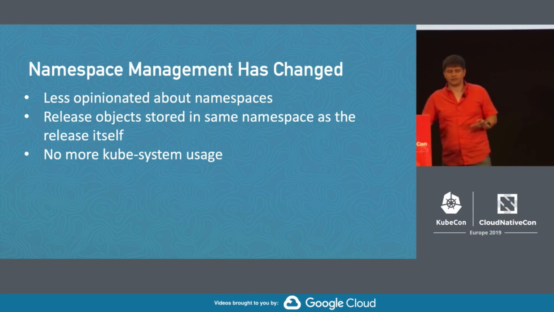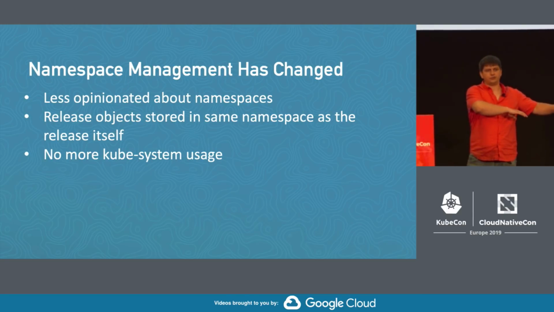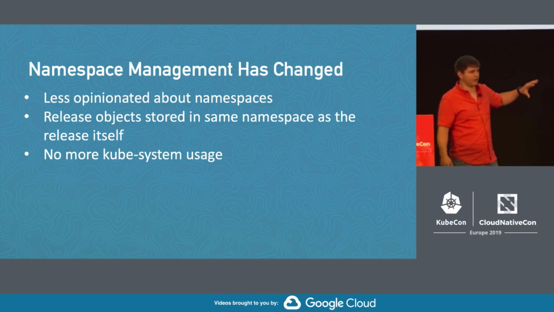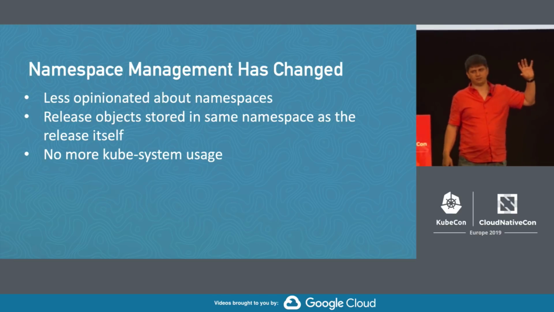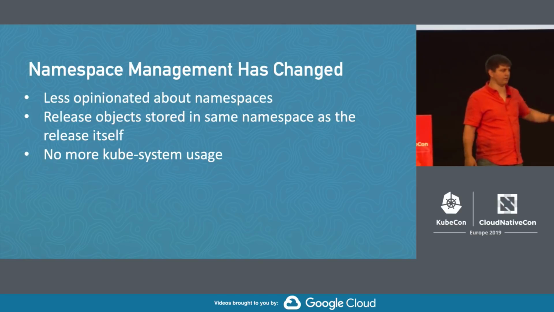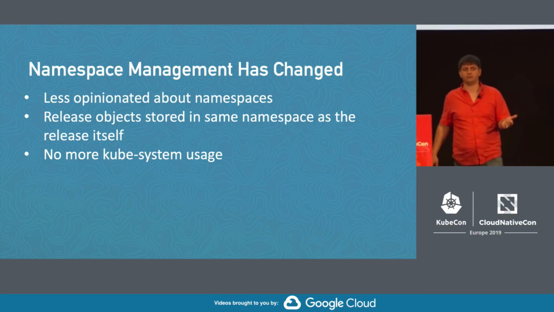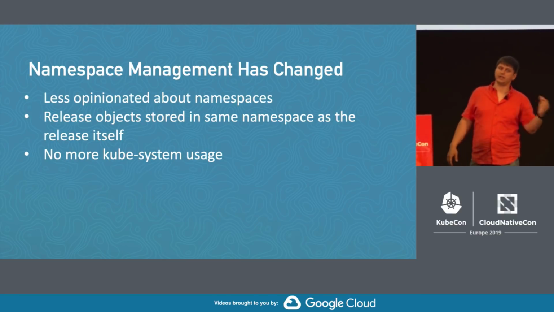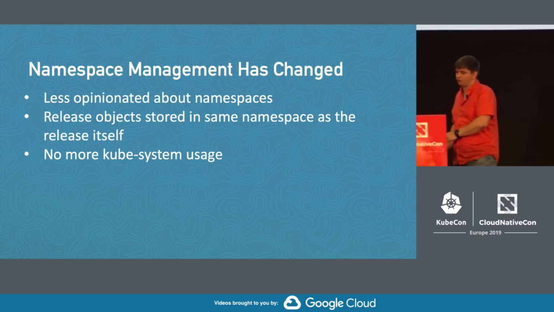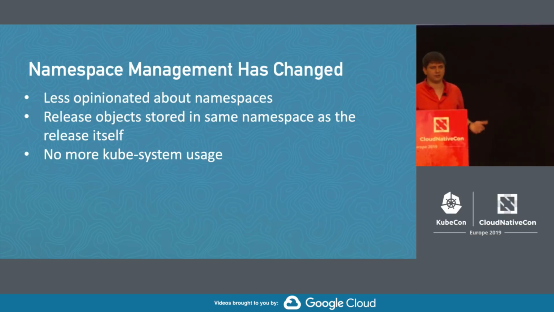So now when you do a helm install in a particular namespace, not only are the deployments and the application deployed in that namespace, but also the release records, what used to be the config map that Tiller would store, which is now a secret. Those release objects are now stored in the same namespace as the release itself.